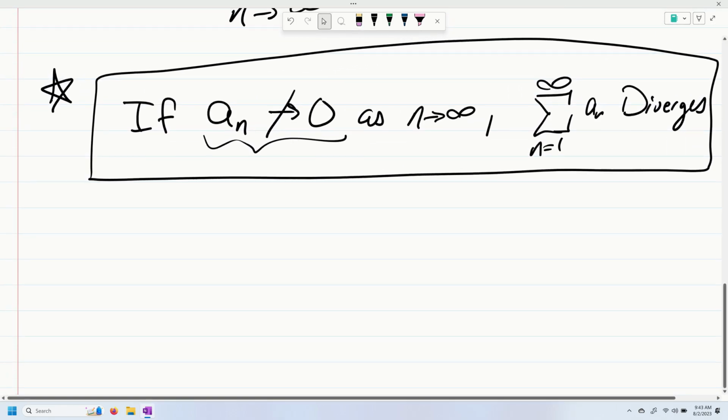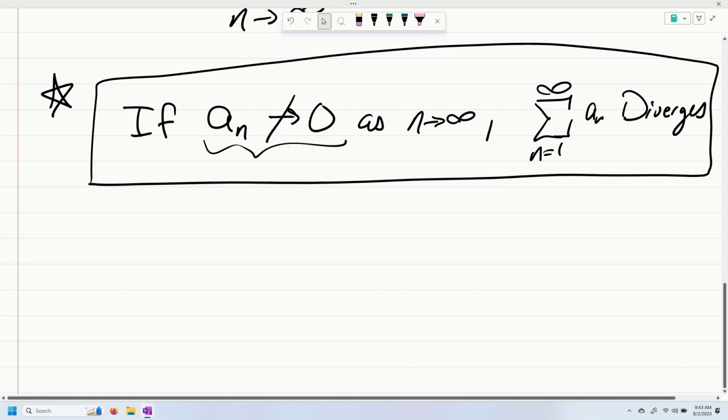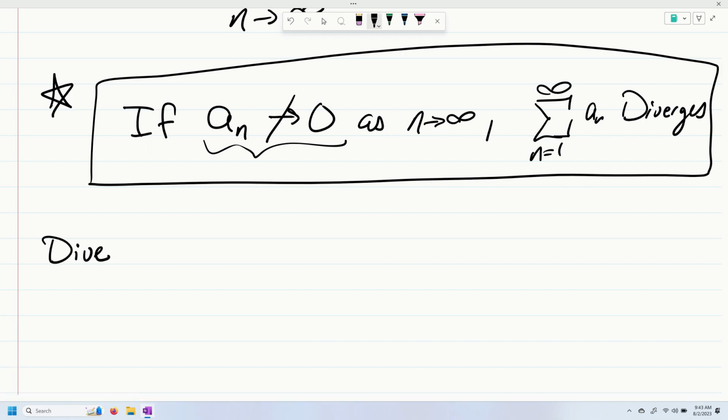So let's go ahead and write a formal definition, and then we're going to look at some examples. So here's our formal definition of the divergence test.